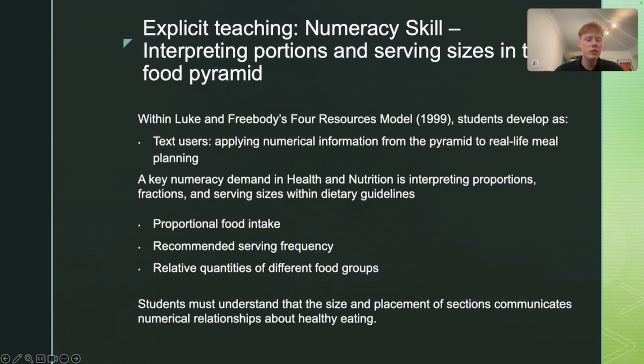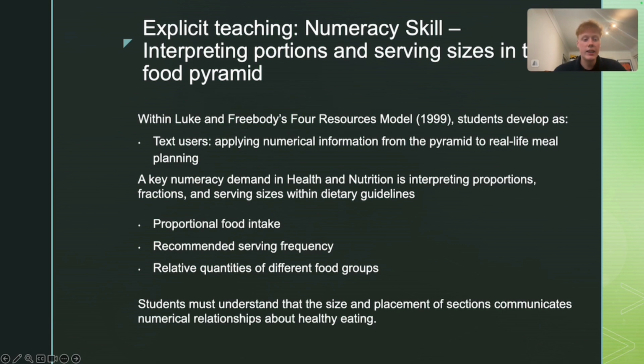A key numeracy demand in health and nutrition is interpreting proportions, fractions, and serving sizes within dietary guidelines, as they understand that there are different serving sizes for different types of food. So, they will understand proportional food intake, recommended serving frequency, and relative quantities of different food groups.